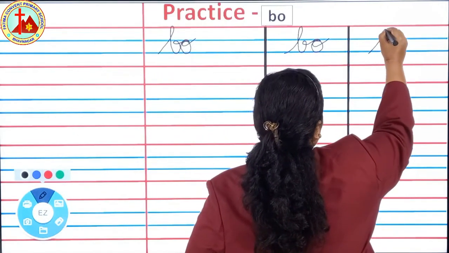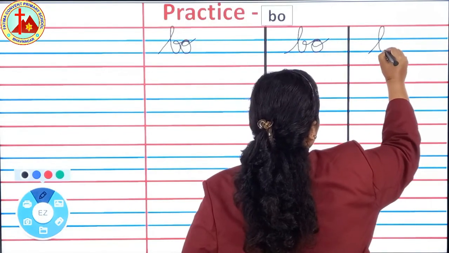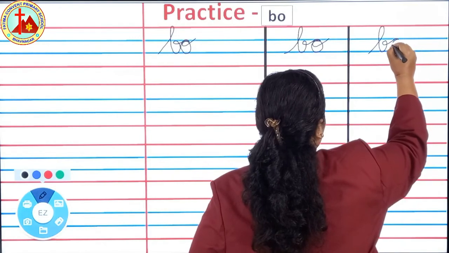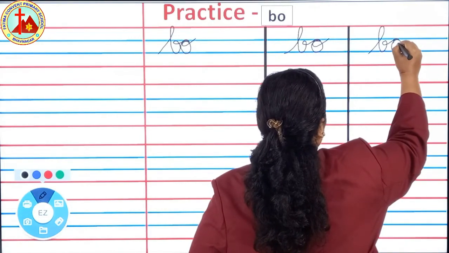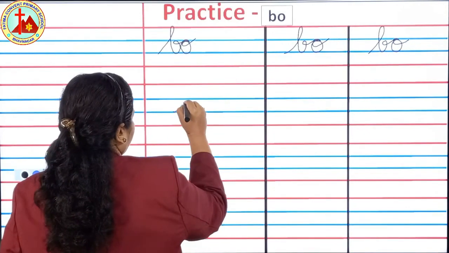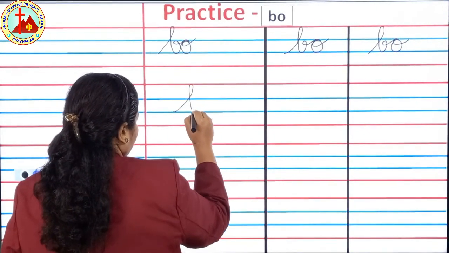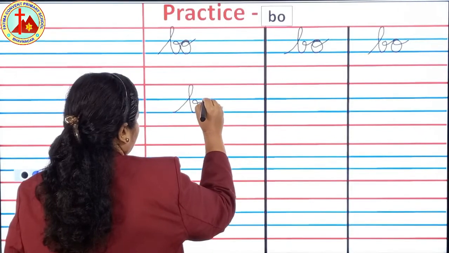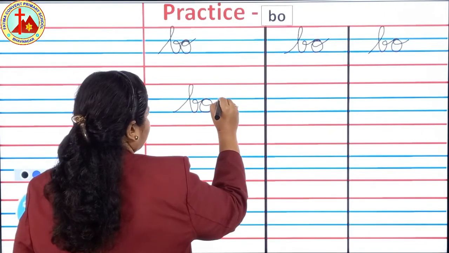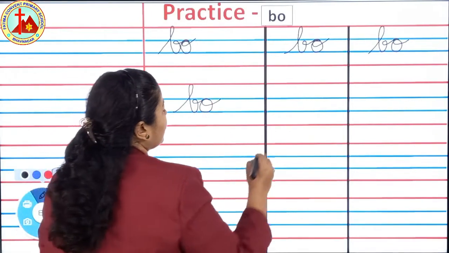First we write B, then continue writing without lifting the hand. O. Again, B, then continue writing O. Then after you finish O, you have to lift your hand.